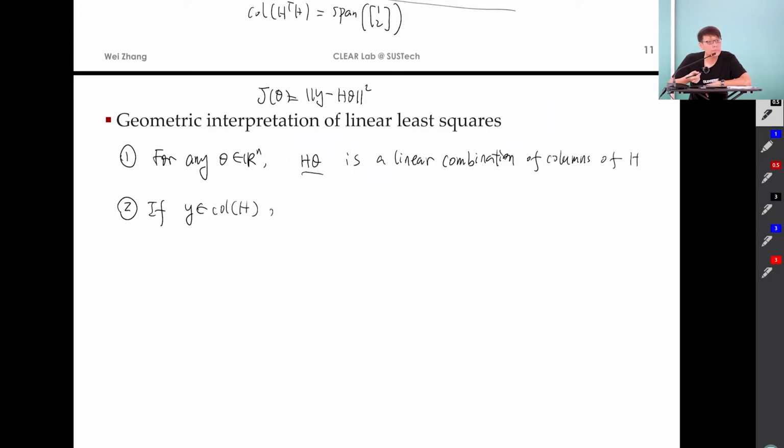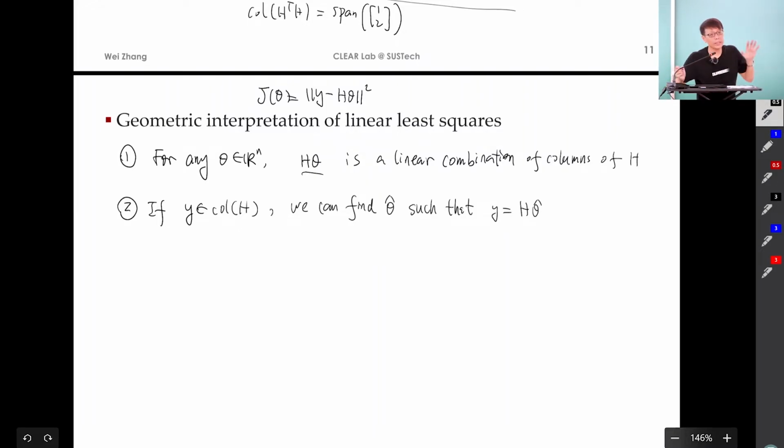You can always find theta such that y equals H times theta. So we can find theta hat such that y equals H theta hat. Why? It's just by definition.